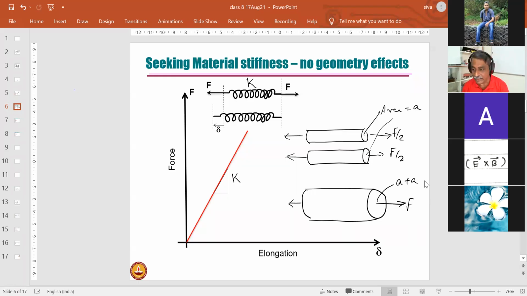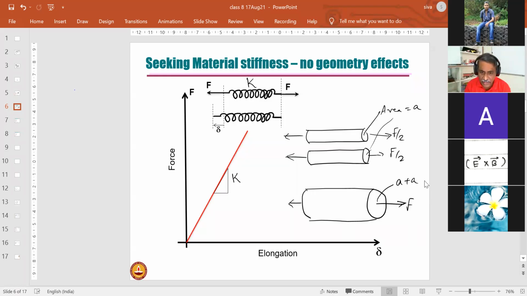That's the question. Or in other words, I had two pieces like this, right? Now, I somehow merged them into one, right? Will I get the same elongation? The answer is yes, correct?